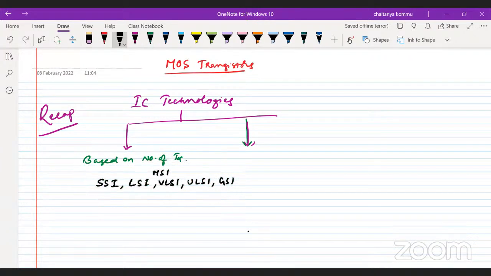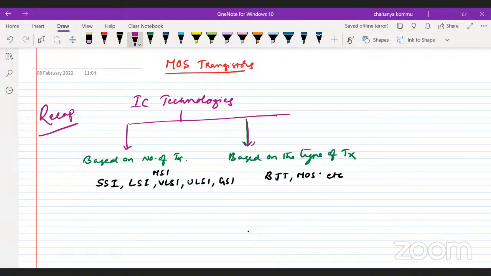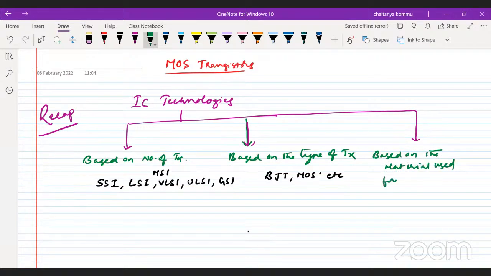Now if it is based on the type of the transistor, IC technology can be a bipolar junction transistor technology or MOS technology, etc. And IC technology can be categorized in another way also, which is based on the material used for a transistor.